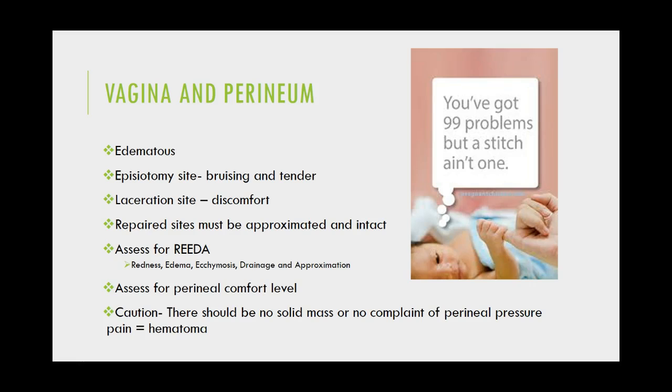You may not always see a hematoma, but it's important that we always are looking and assessing their perineal area very closely after delivery, because a hematoma can hold a very large amount of blood, and your mom may start experiencing signs and symptoms of hypovolemic shock in terms of vital sign changes, and you may not see any extra bleeding and miss that because you don't know that there's a hematoma forming.